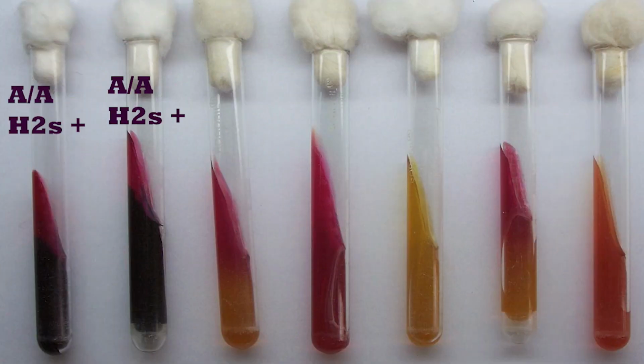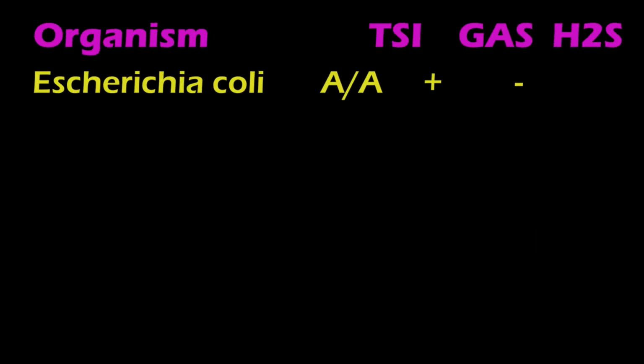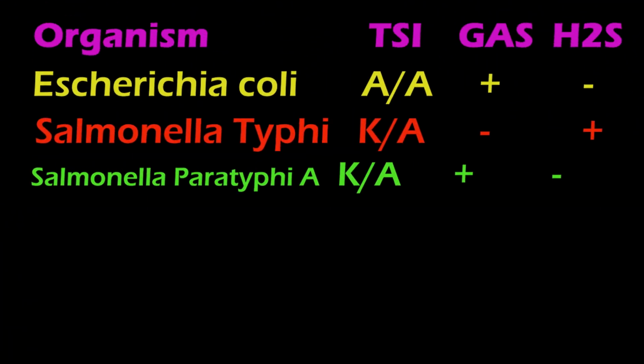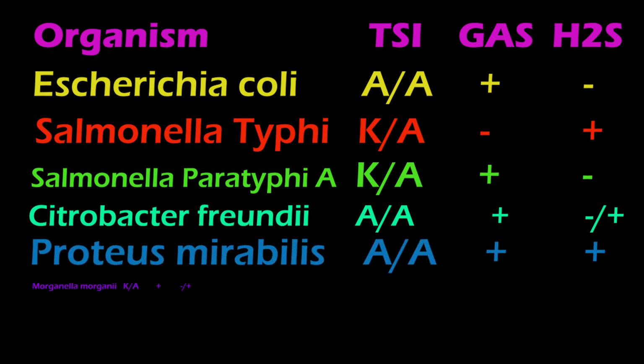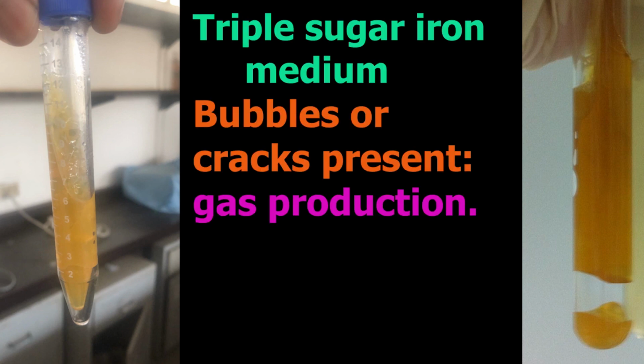Phenol red is the pH indicator. Sodium thiosulfate in the medium is reduced by some bacteria to hydrogen sulfide that reacts with the ferric ions in the medium to produce a black insoluble precipitate. The butt and the slant provide anaerobic and aerobic conditions. Production of other gases is seen as cracks in the medium.